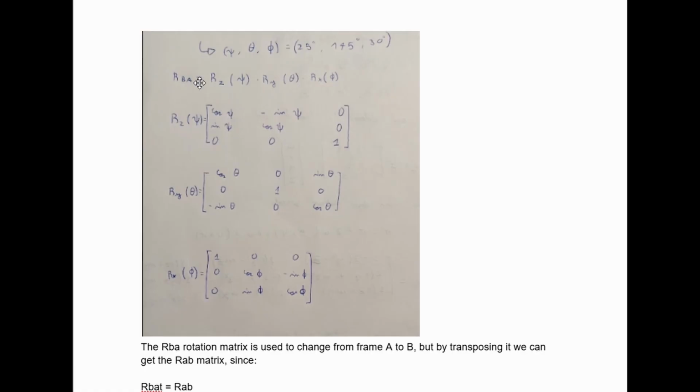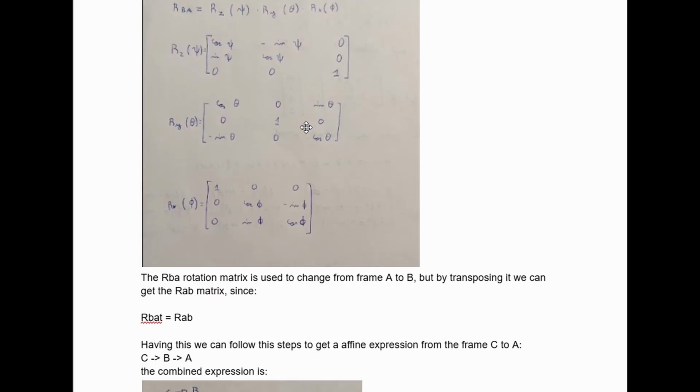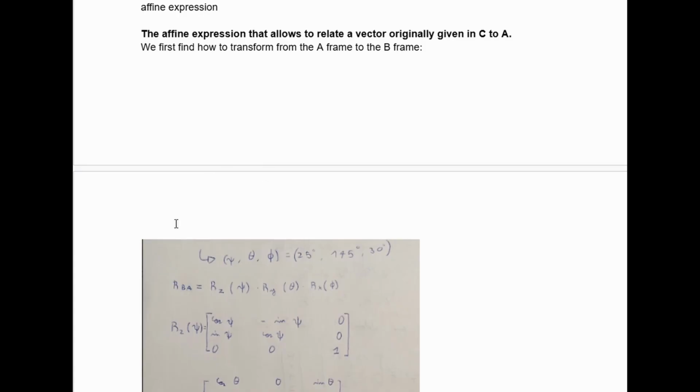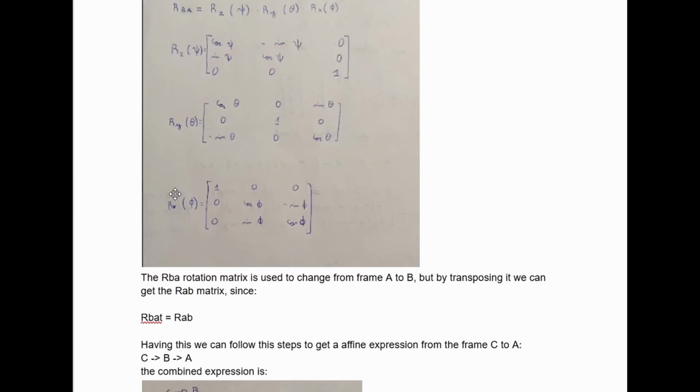That's a multiplication between these three matrices, each one using a different angle. The result is the matrix RBA that transforms A to B. Once we have this, we can transpose the matrix, and we will get the opposed matrix transform from B to A instead of from A to B.